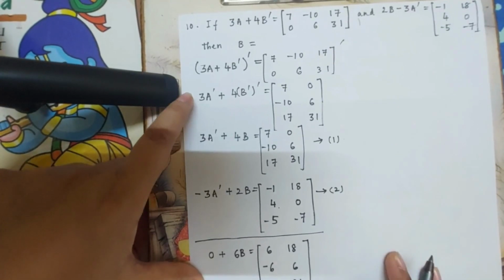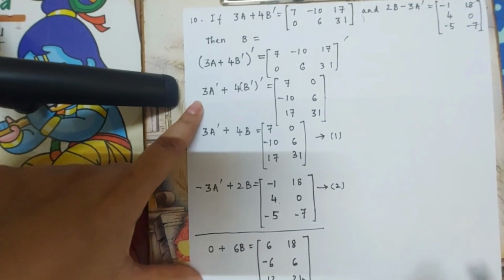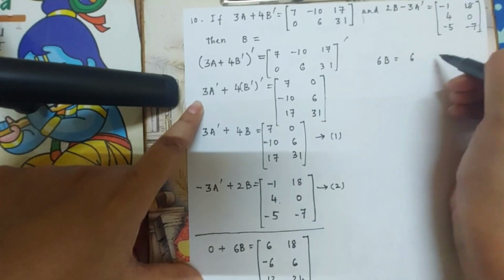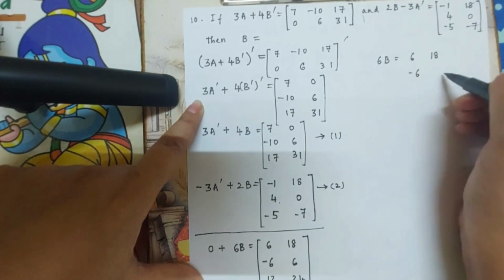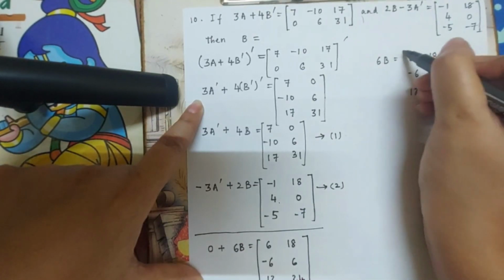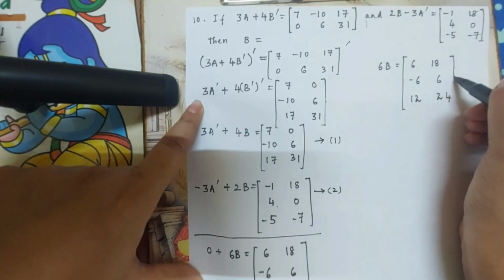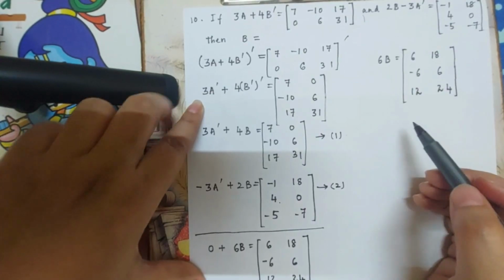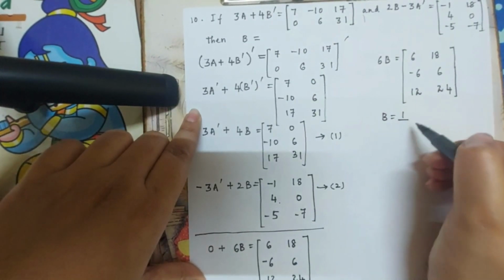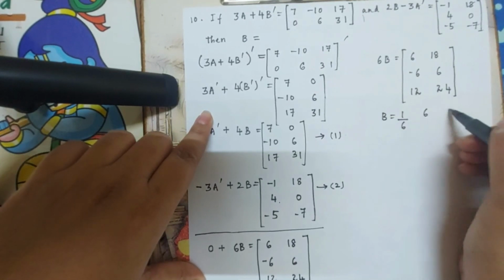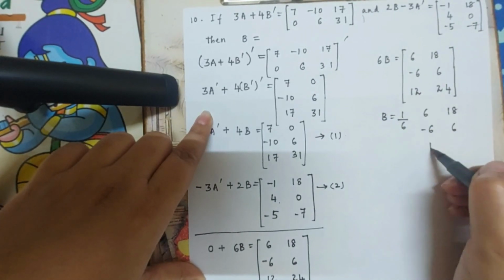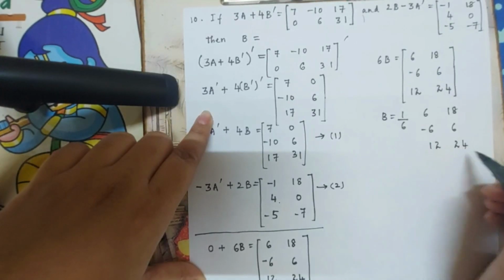So from here I got 6B as 6 18 minus 6 6 12 24. Now if I want the value of B, I'll be able to take this as 1 divided by 6 multiplied with 6 18 minus 6 6 12 24.